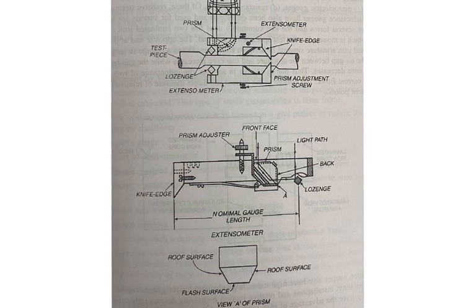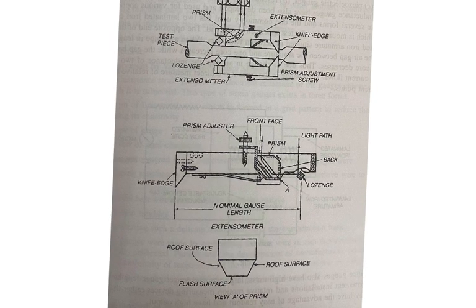Coming to the second diagram, you need to write this one too. Here for the Tuckerman, you have a knife edge, nominal gauge length, prism, adjuster, front face, light path, back, prism, roof surface.